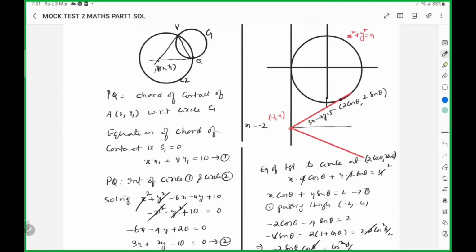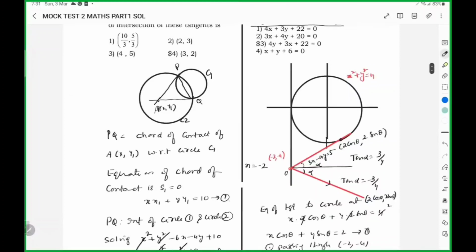So here this point makes an angle alpha, which is angle of reflection. Tan alpha is 3 by 4. Reflected ray also makes an angle alpha, but this line slope becomes -3/4.